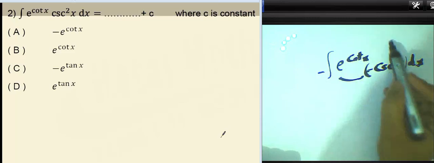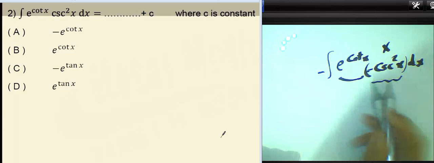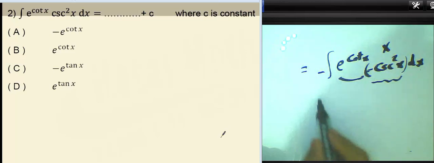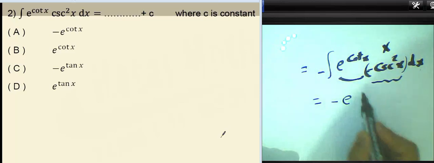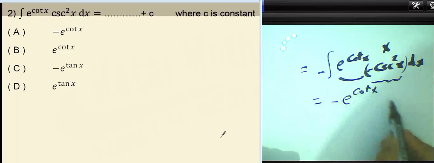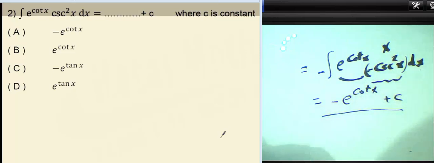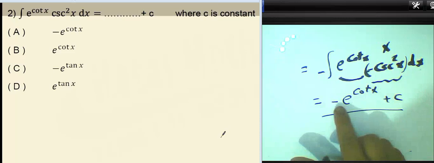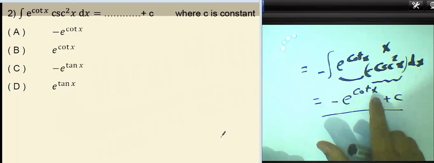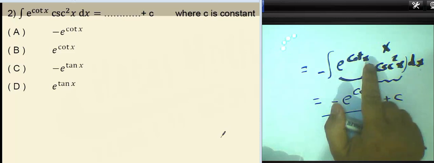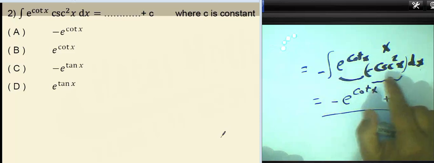Then we can cancel the derivative and write the original function: negative e power cotan x plus constant. The result. Why? Because the derivative of negative e power cotan x will be e power cotan x multiplied by negative cosec power 2 x.